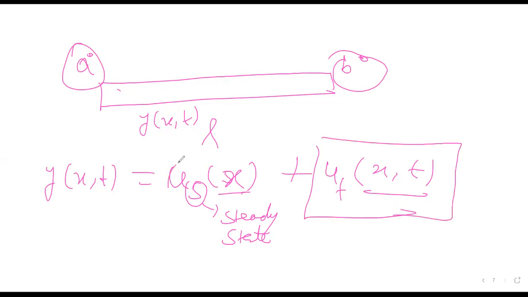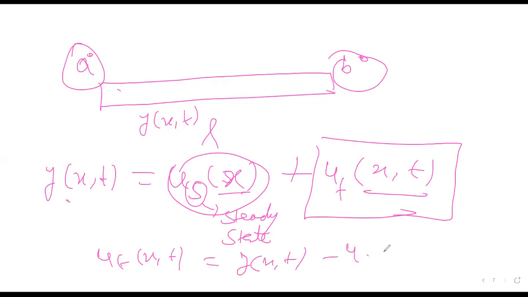So I will define this in such a way that u(x,t) is equal to y(x,t) minus u_s(x). Okay, I'm writing the subscript again and again. Now I will decide it in a manner that I get zero boundary conditions. How will it happen? Now I know that the temperature distribution is A to B in the steady state. Steady state means del square u upon del x square is 0.